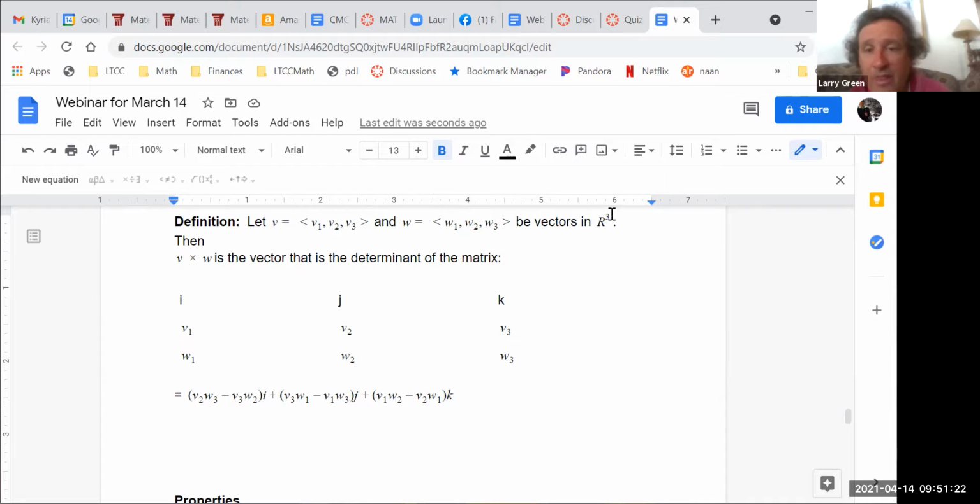Notice these are in R3. This does not work in R2. It does not work in R4. It only works in R3. It's special for three dimensions. Then V cross W, that's how we read this, is the vector that is the determinant of the matrix with rows I, J, K; V1, V2, V3; W1, W2, W3. Okay, and you all remember determinants from pre-calc, right?